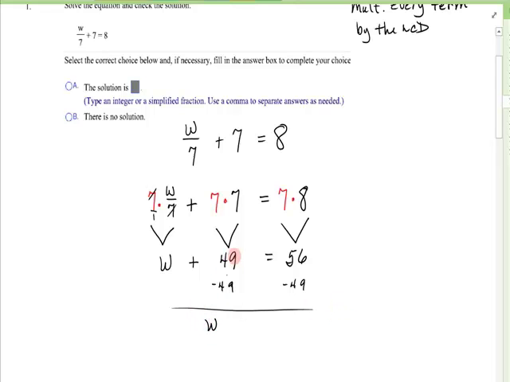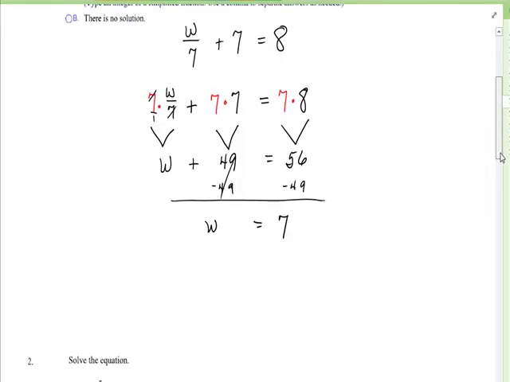That gives me w is equal to 7. There is no variable in the denominator, so in this problem there is no chance that my denominator could go to 0. So I would choose this and fill in 7. It's just a coincidence that that denominator was 7 and I got w is 7.